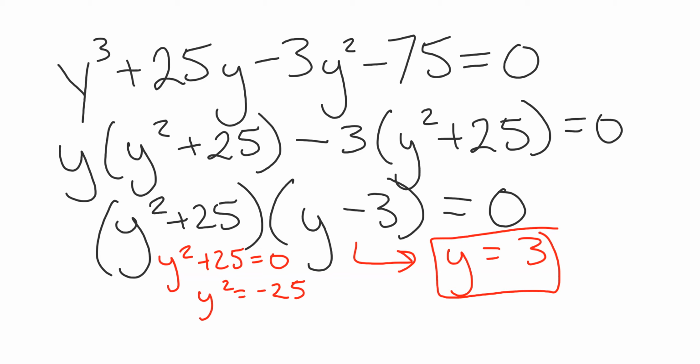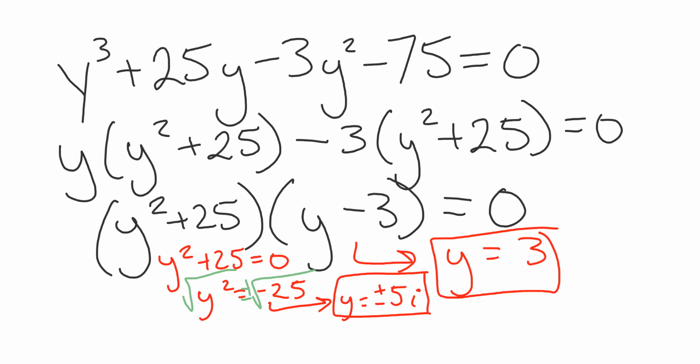And then we are going to have to use the square root property. And remember, when you do that, you add in that plus or minus. So this is going to give us that y equals plus or minus 5i, right? Because the square root of negative 25 is 5i.